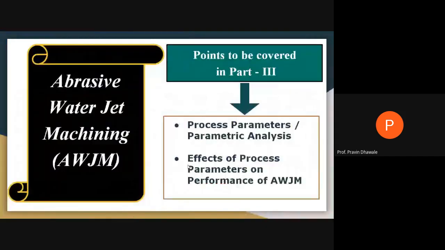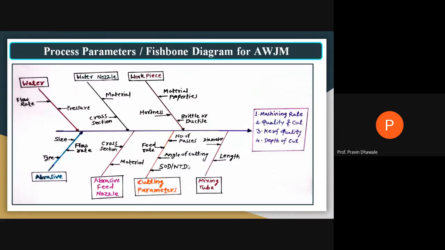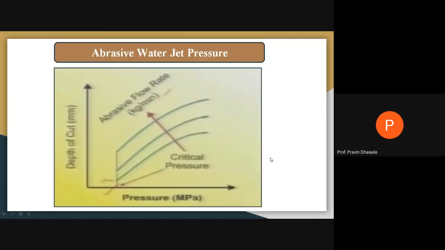In this lecture, we will cover the different process parameters, and we have to carry out parametric analysis in the case of water jet machining by using the fishbone diagram, also called the cause and effect diagram. All these input parameters have a certain effect on the output parameters.